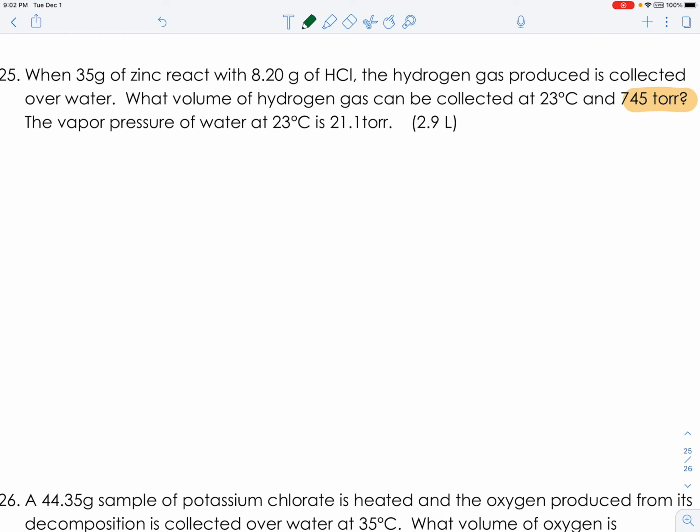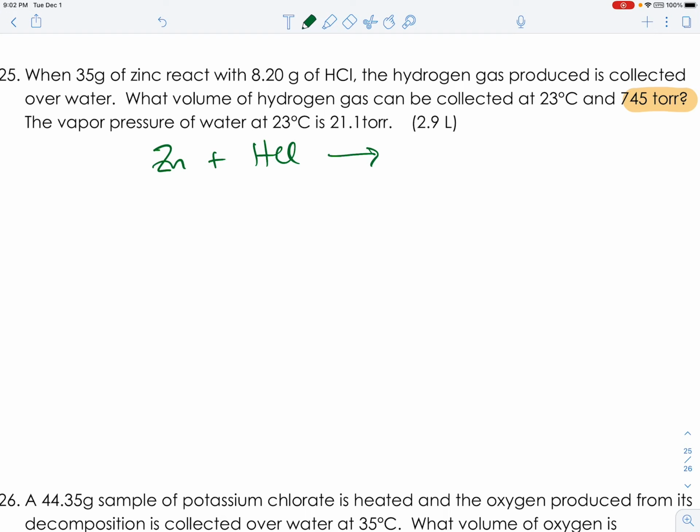This is a stoichiometry problem, so we need a balanced equation. The zinc metal is reacting with the hydrochloric acid. Well, from our stoichiometry unit, that looks like a single replacement reaction, and the zinc will end up with a charge of 2 positive. I know that from page 6 in my data booklet, the chart of the ions.